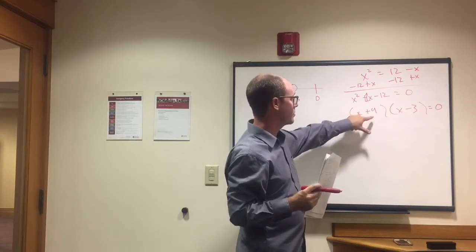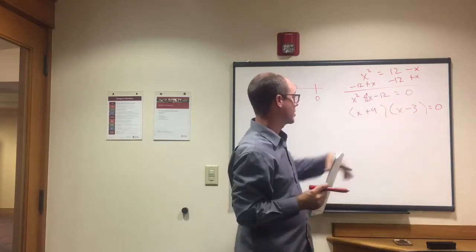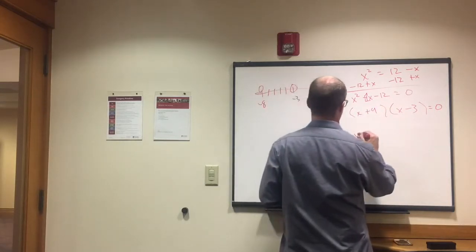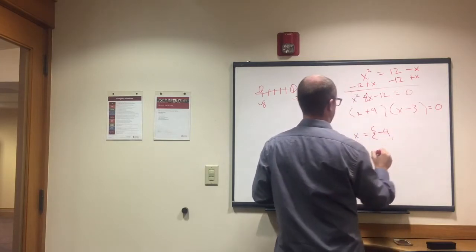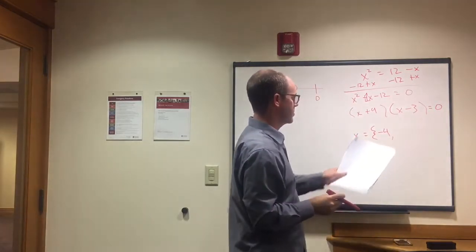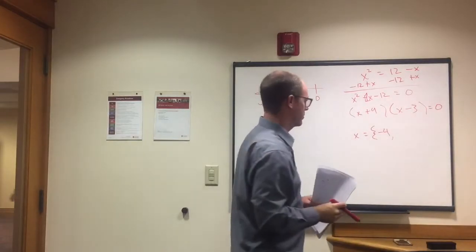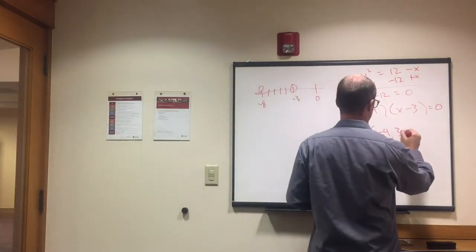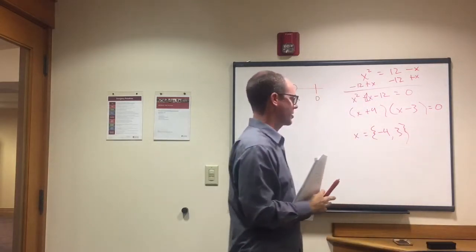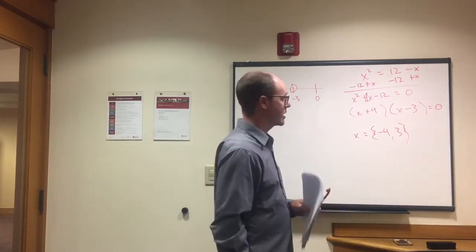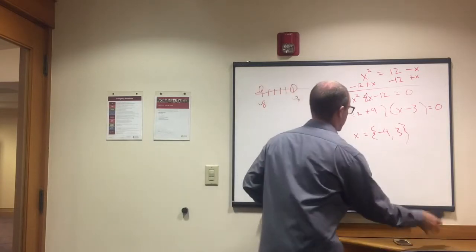Negative 4 plus 4 equals 0, which means the equation will equal 0. Okay, negative 4 is a good answer. And then what's the other answer? 3. Right, because 3 minus 3 is 0. That would be our solution. x equals negative 4 and x equals 3.